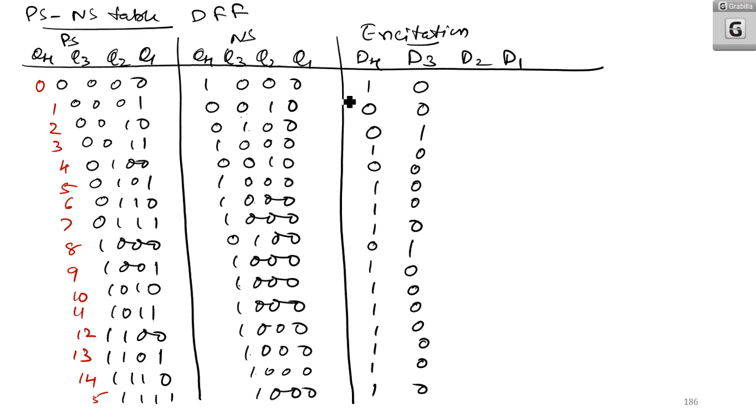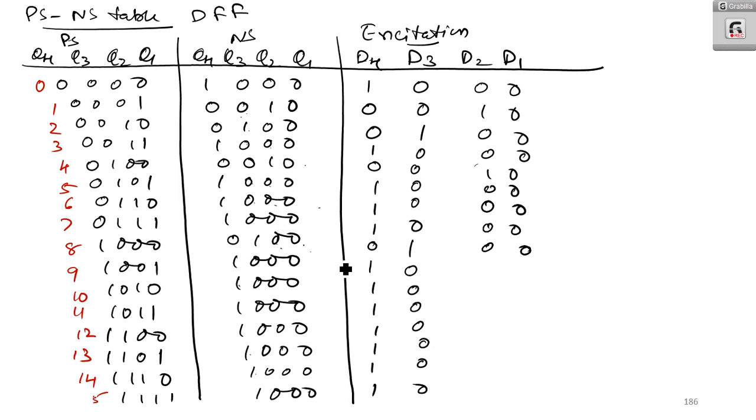D2 is exactly, so I will write 0, 0, 1, 0, 0, 0, 0, 0, again 0, 0. Then comes 1, 0. Yeah, then comes 0, 0, 0, 0, 0, 0, 0, 0.